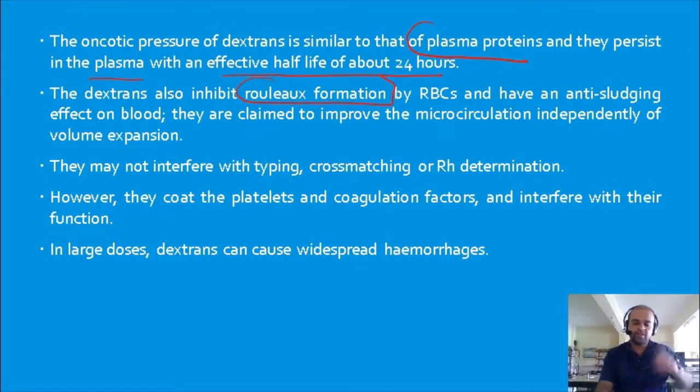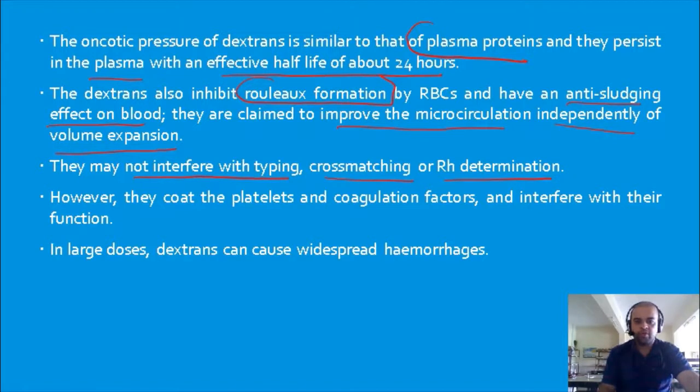We have already studied this in one particular experiment, that is recording or counting of the RBCs by the counting chamber method. Also they have an anti-sludging effect on the blood. They are claimed to improve microcirculation independently of the volume expansion. They may not interfere with typing of the blood, cross matching of the blood, or Rh determination. So you can see all of these properties of dextran match with the ideal characteristics.